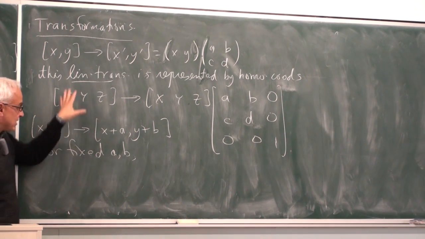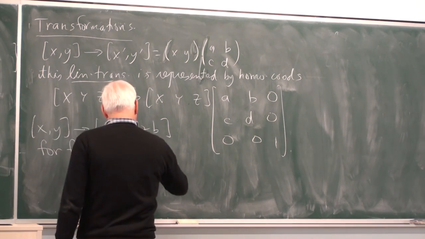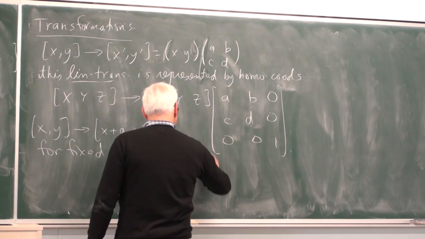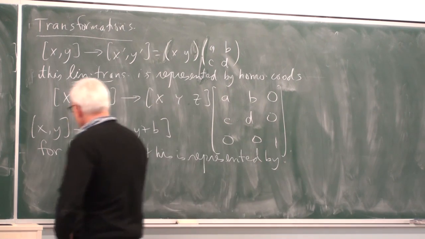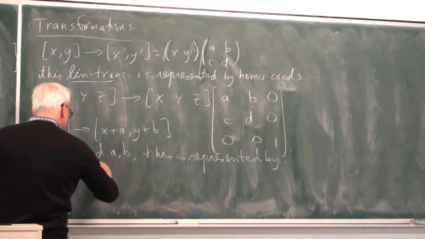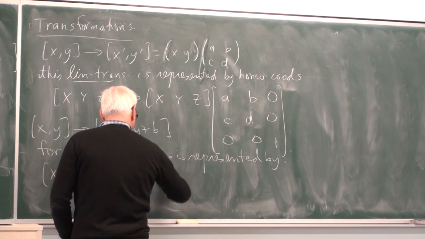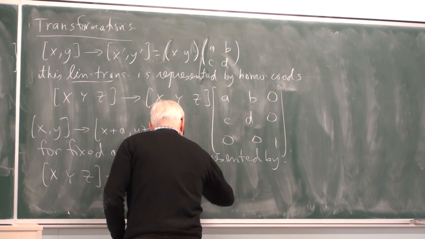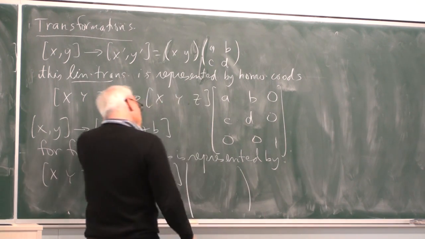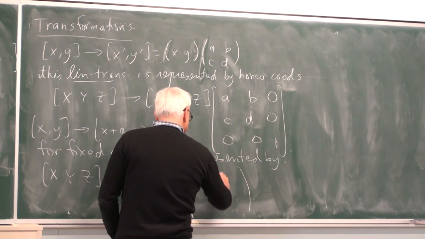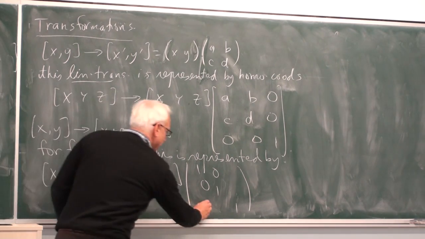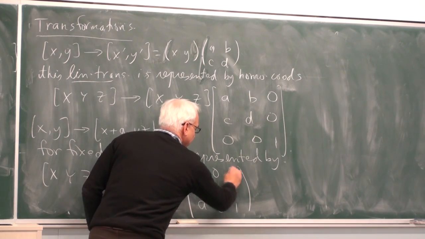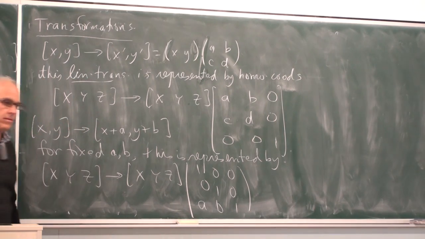But however, in this three-dimensional context, this is represented by sending x, y, z to x, y, z times 1, 0, 0, 0, 1, 0, and put an a here and a b here, 1 here. So let me write out what this is.